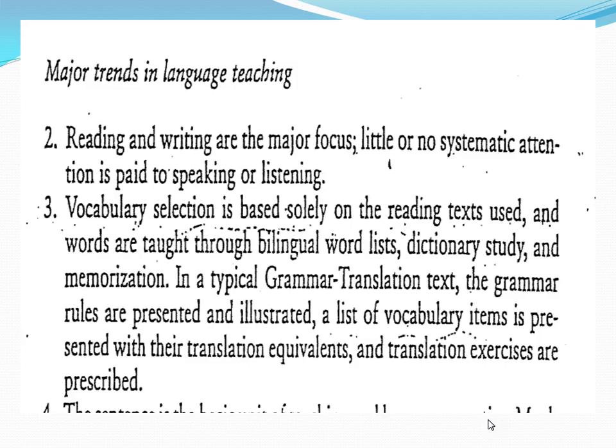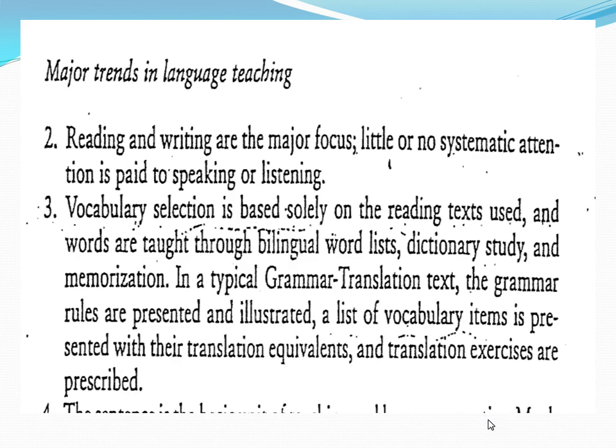The second goal: reading and writing are the major focus. We have learned history, we have learned the goal, and then we are learning the principles of the grammar translation method. Reading and writing are the major focus, and little or no systematic attention is paid to speaking or listening.